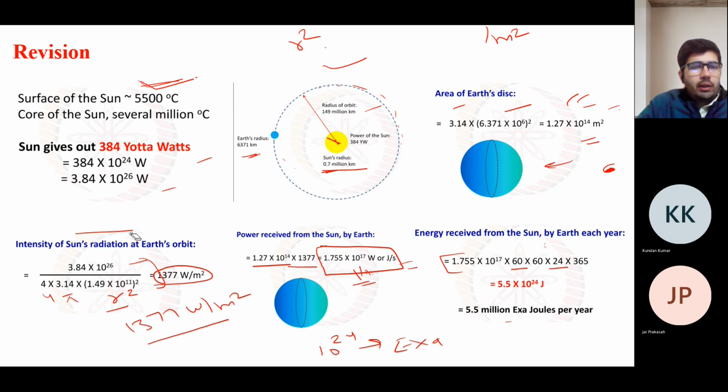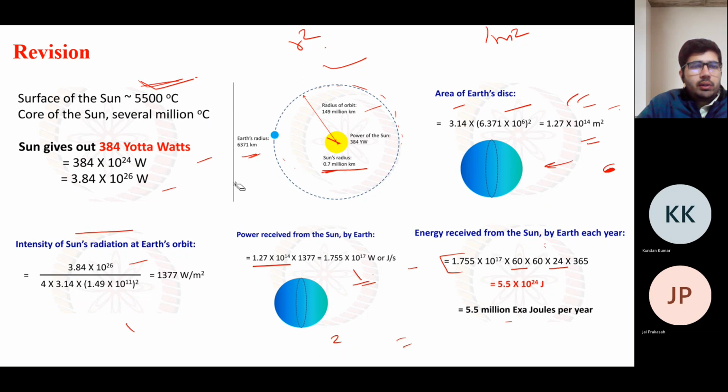We have already seen that the sun gives out around 384 yotta watts, meaning 384 times 10 to the power 24. This is the radius of the orbit, this is the radius of the sun, 0.7 million, and 6371 kilometers is the radius of Earth. So this is the sun, emitting radiation in this particular orbit.